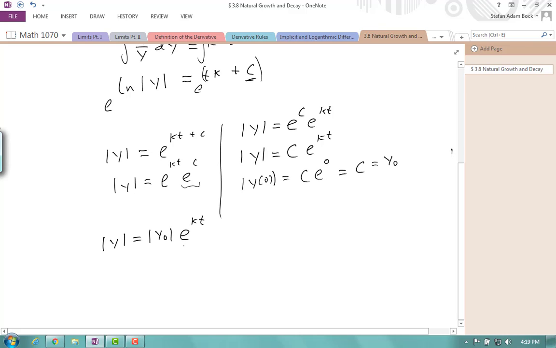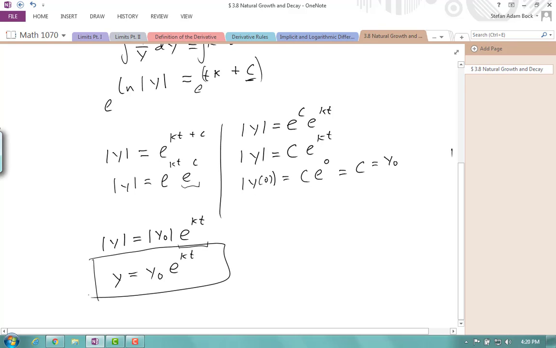Now, since this is a non-negative number, it basically says that y and y0 are not going to be different in sign. So, hand wave a little bit, but I get the final equation, y equals y0 times e to the kt.